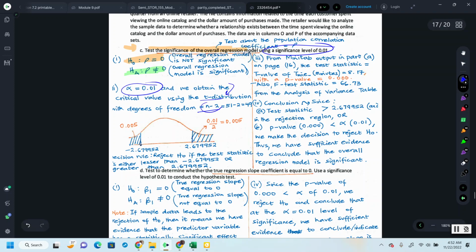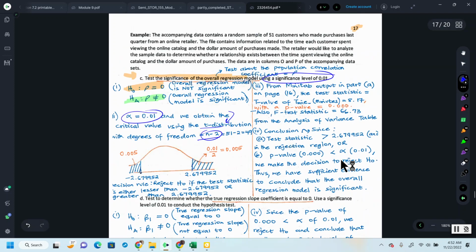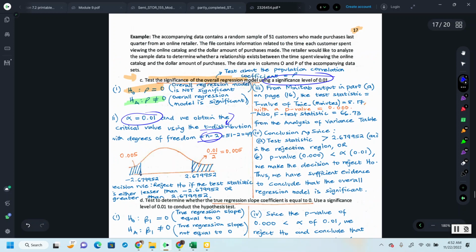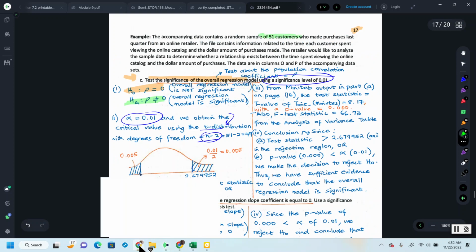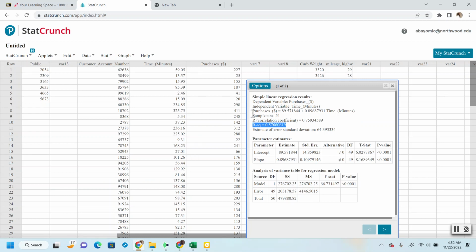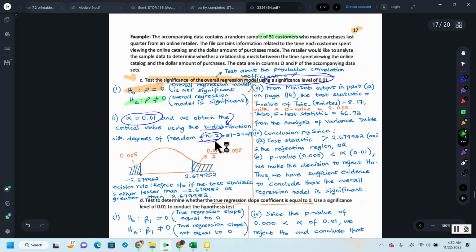So what is our n in this case? Remember, we collected data on 52 customers, and it is also reported in StatCrunch. Your sample size n is equal to 51. So your n minus 2 is 51 minus 2, which is 49.